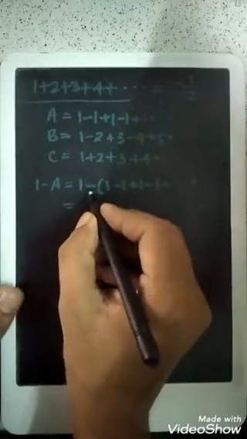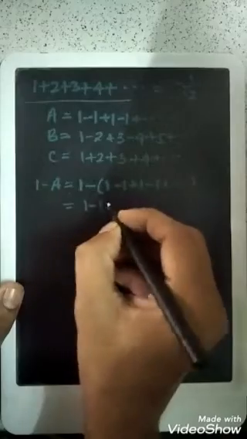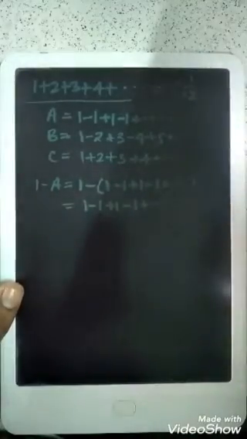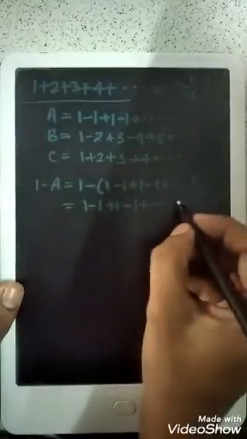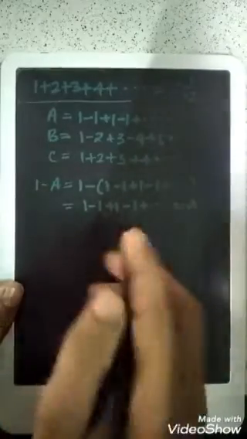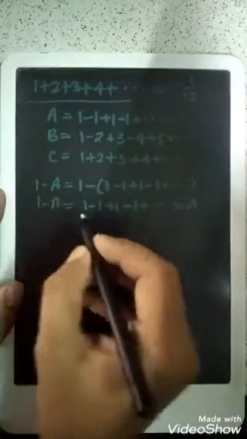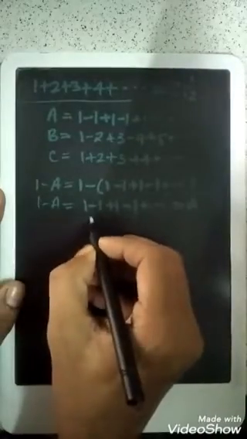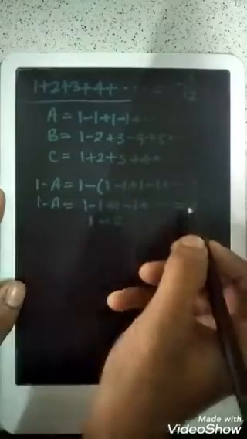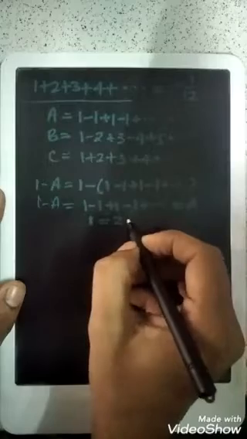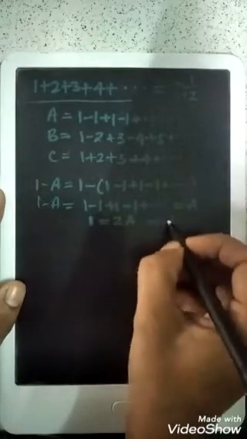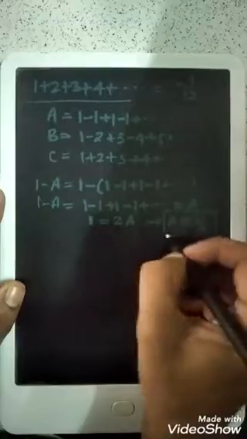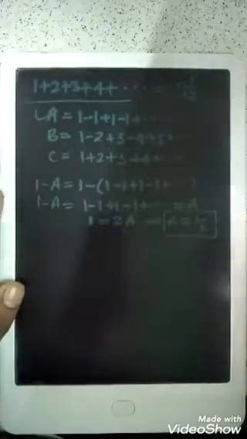If I multiply this minus sign throughout, I will get 1 minus 1 plus 1 minus 1, and this is again our series A. So 1 minus A equals A gives 1 equals 2A. Ultimately I will have A equals half. So I have evaluated the value for A.